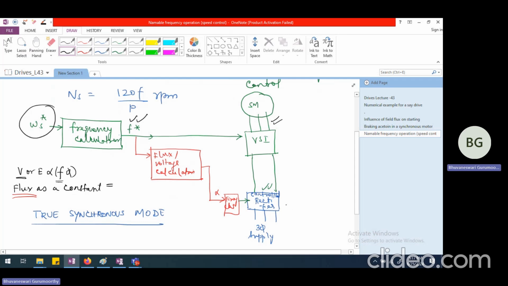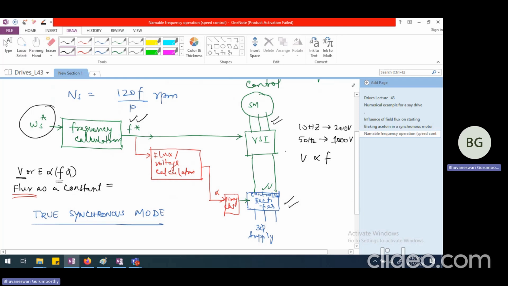The magnitude of the voltage will be maintained in such a manner that voltage and frequency are proportional to each other. If I talk about 50 hertz and the voltage is, let us say, 1000 volts, then at 10 hertz I should have only 200 volts applied.